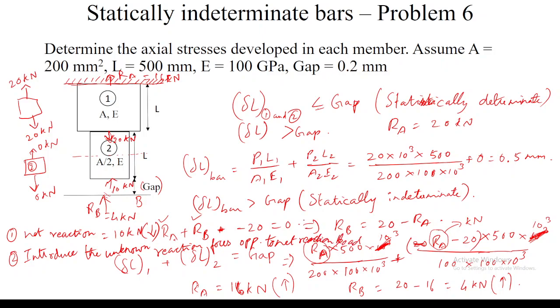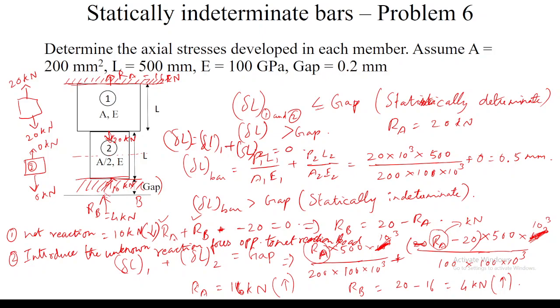And then solve the compatibility condition, which means delta L of this composite system must be equal to either 0 or the gap. For example, here if I am not giving any gap and I have considered this as a rigid support, then I will substitute delta L of this composite bar, which is delta L1 plus delta L2, equal to 0.